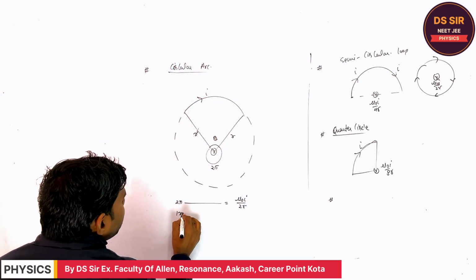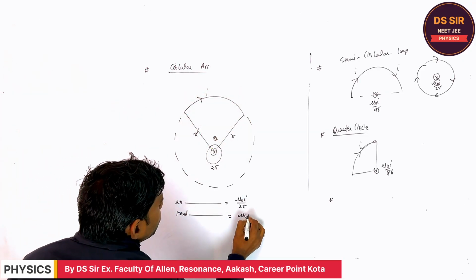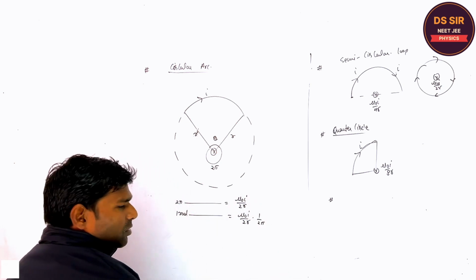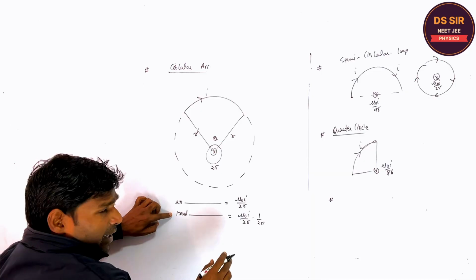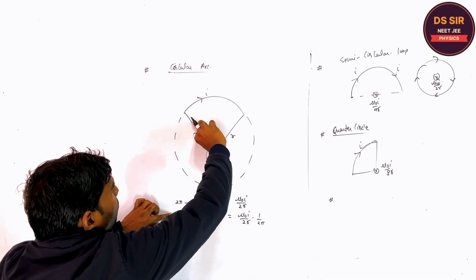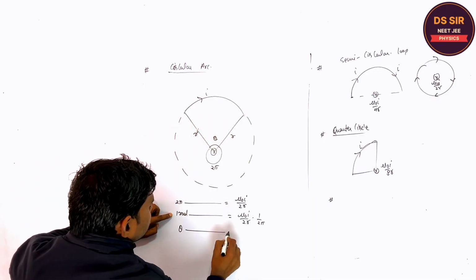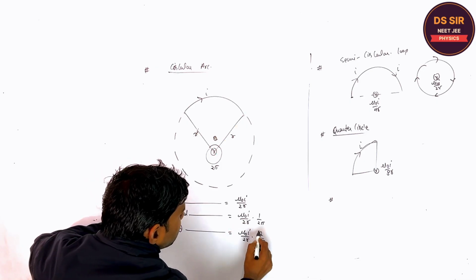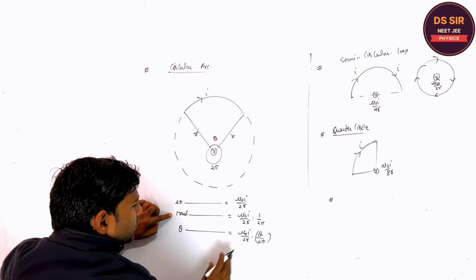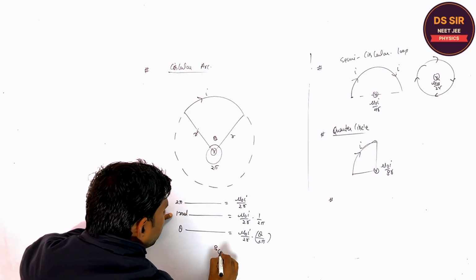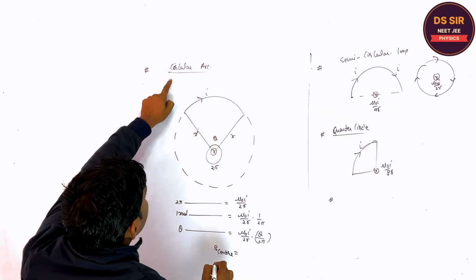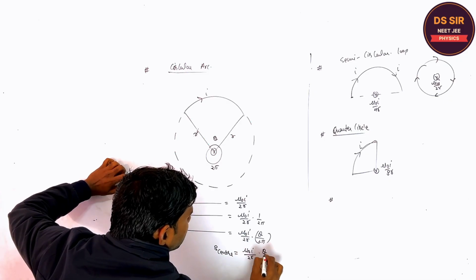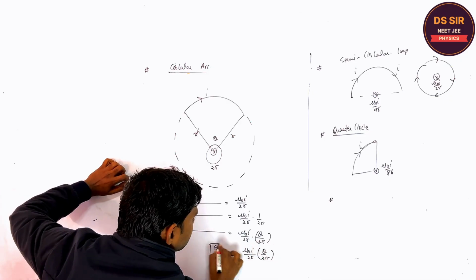If the angle is 1 radian, it is mu naught I upon 2r upon 2 pi. I am using the unitary method. And if it is theta, multiply by theta. This is the magnetic field at the center due to the circular arc: mu naught I theta upon 2 pi times 2r. Is it clear or not?